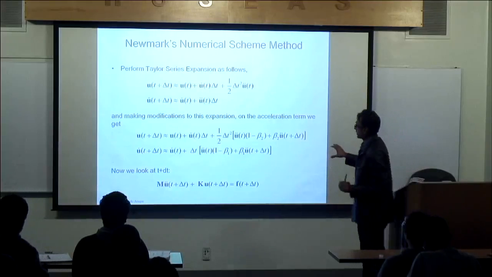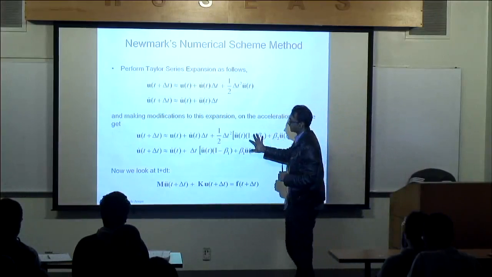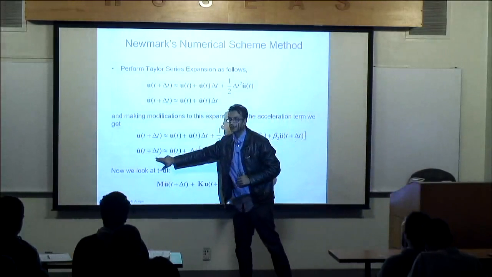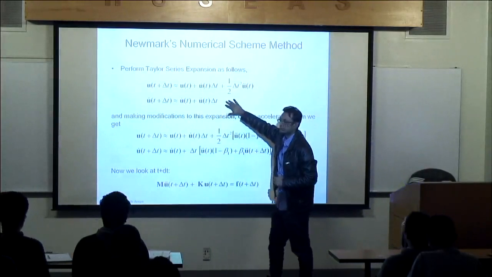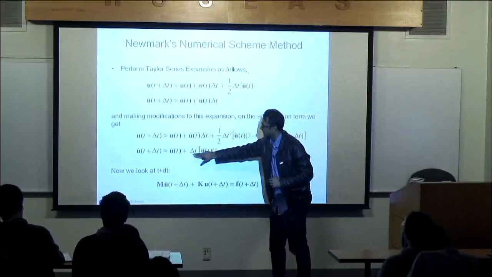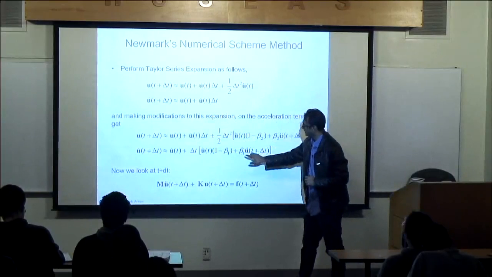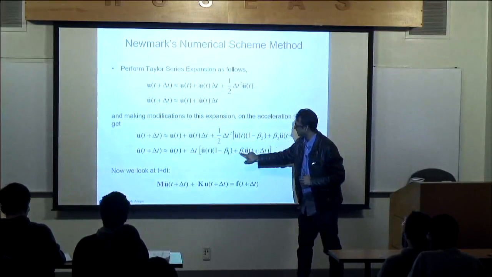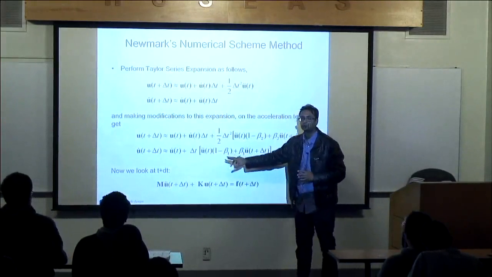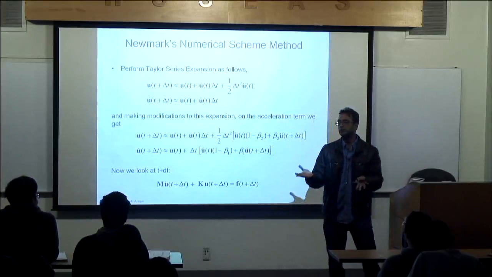Now we can do the same thing with the velocity. So the velocity term, which is the second row here, I'm going to take the acceleration again, and I'm going to do the same thing. But I'm going to do it with a different beta 1. Instead of beta 2, I'm going to use beta 1. Why? I want to have more flexibility.